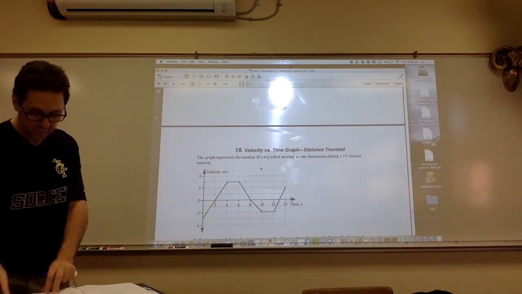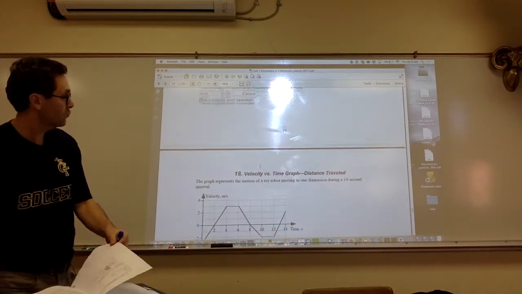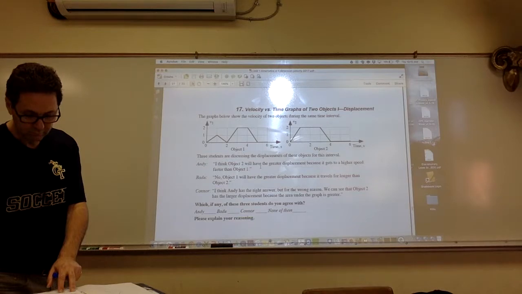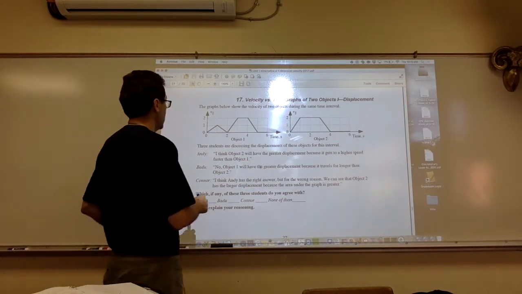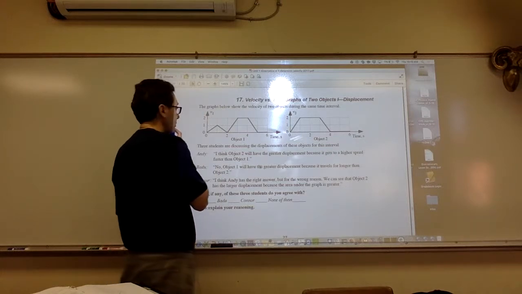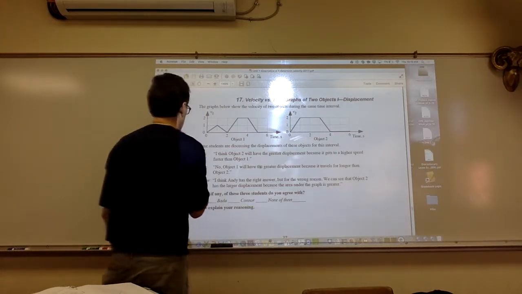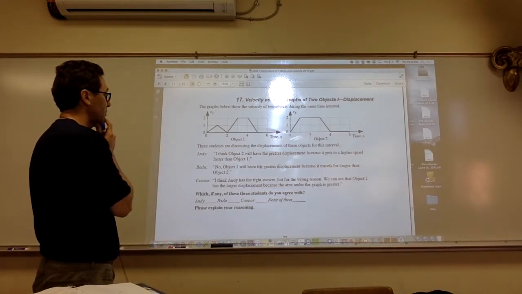I think I mixed this up. Okay. I think object 2 will have the greater displacement because it gets to a higher speed faster. Badu says no, object 1 will have the greater displacement because it travels for longer than object 2.